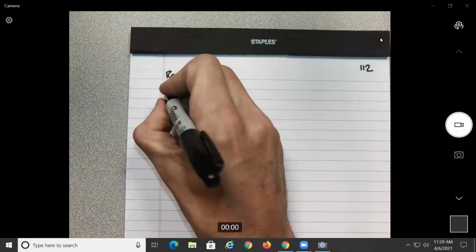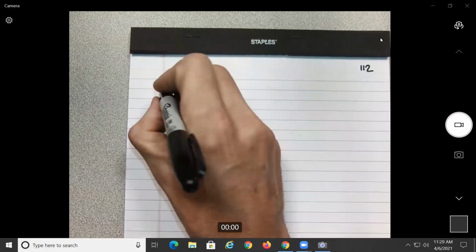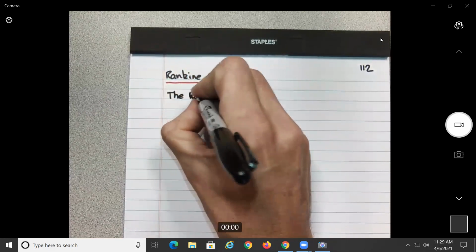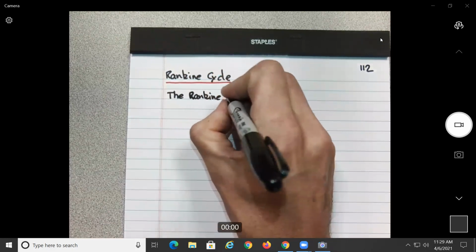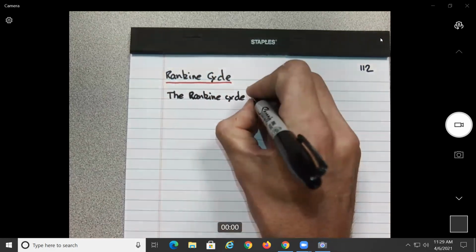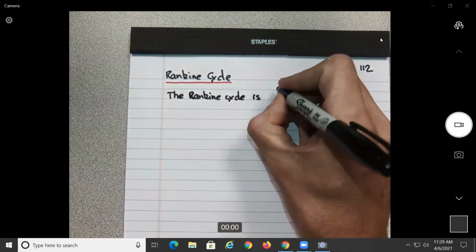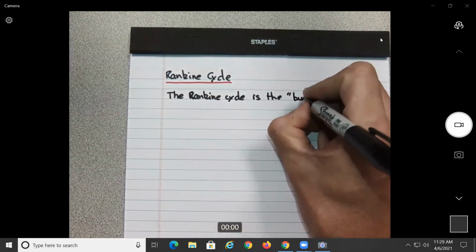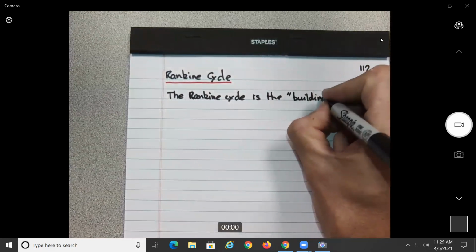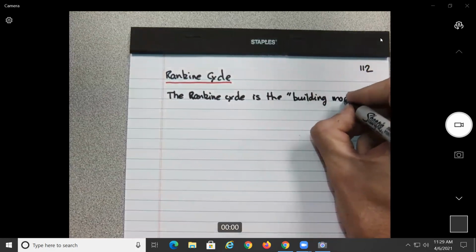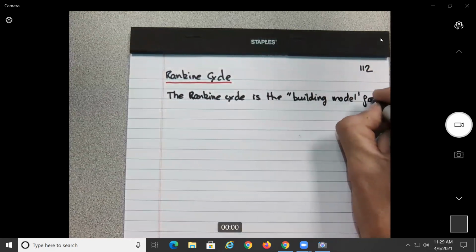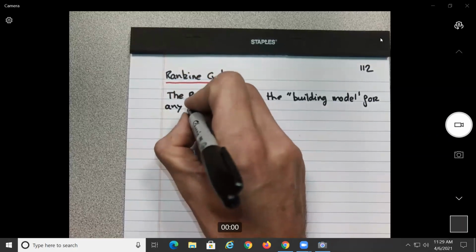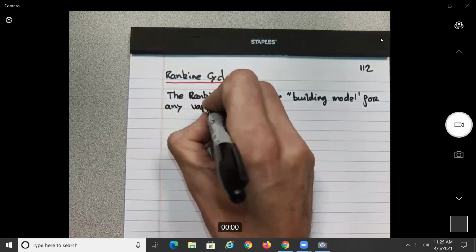Okay, so just like I mentioned, the Rankine cycle is the building model for any vapor power plant.